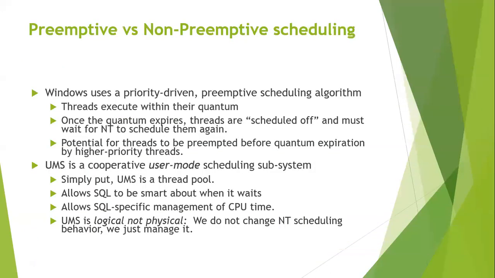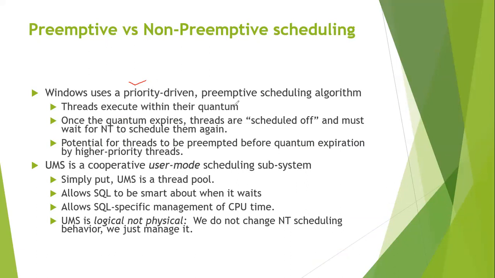We will talk about that, this is preemptive and this is non-preemptive. So what does it mean? Windows uses priority driven scheduling, as I was saying. If a priority thread comes in, then that priority thread will go ahead and execute on the CPU, whereas the currently executing thread will be removed.